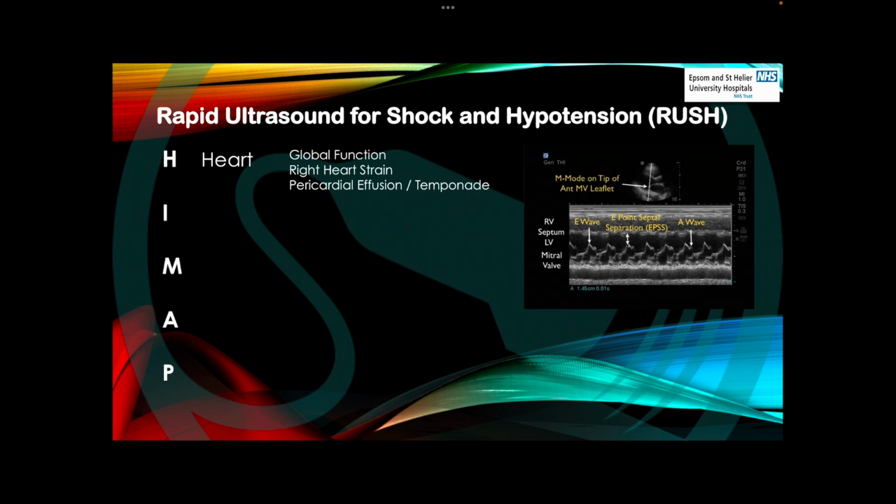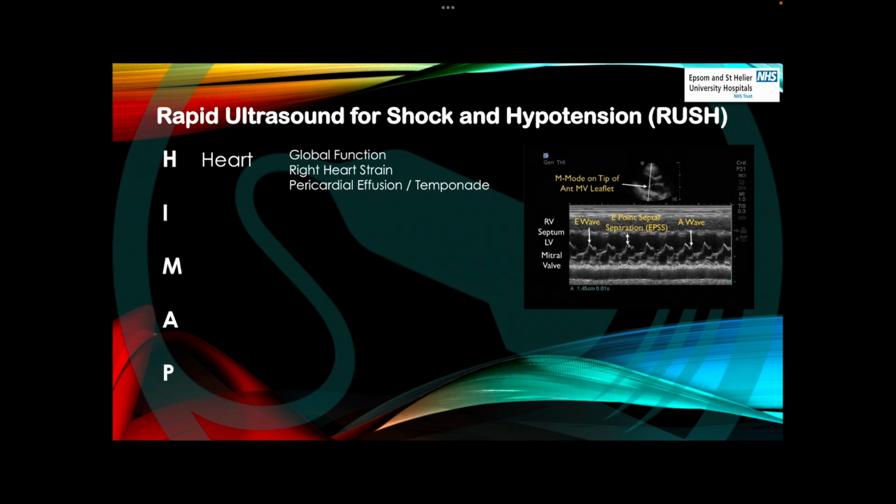If it is more than 10 millimeters, this means there is heart failure. If it is less than 7 millimeters, there is no heart failure. We have to do it in the long axis view of the heart.